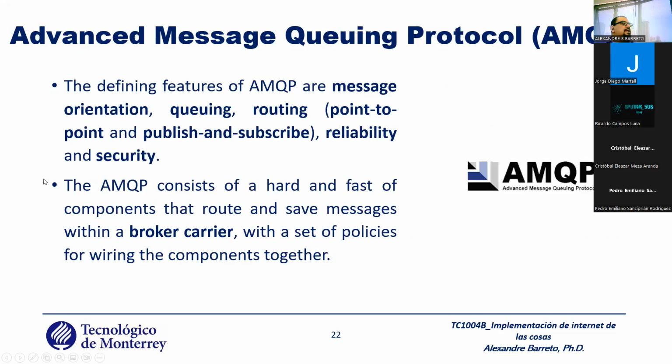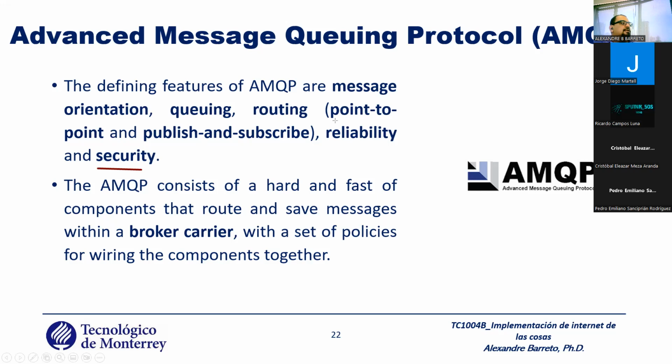Another protocol is the Advanced Message Queuing Protocol. This protocol is a little advanced. The most common protocol is the MQTT. The AMQP is not so, how can I say, it's very powerful, it's new, but you don't have a lot of implementations. This protocol has the best solution, for example, for security, okay?